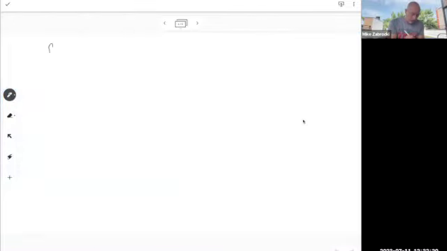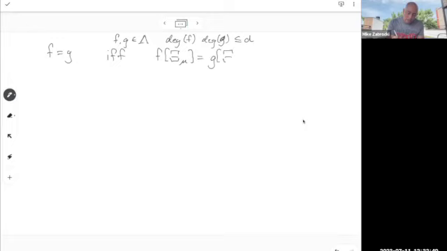And now I want to give a characterization of symmetric functions. F and G are in symmetric functions, and the degree of F and the degree of G are less than or equal to D. So F is equal to G if and only if F of psi mu is equal to G of psi mu for all mu less than D. If you evaluate F and G at enough points and those evaluations are equal, then the symmetric functions must be equal.